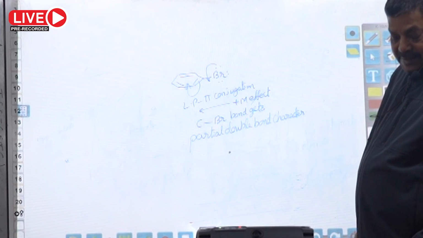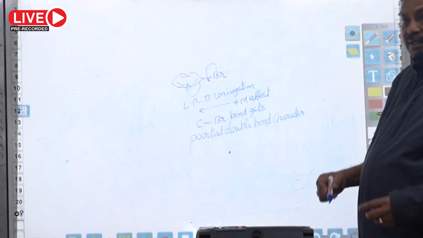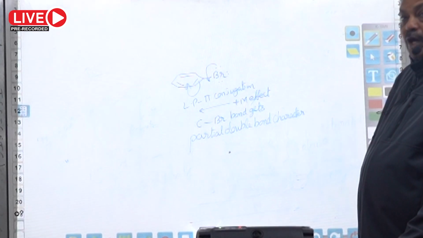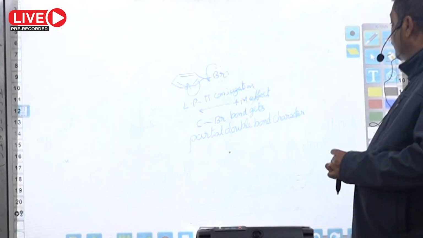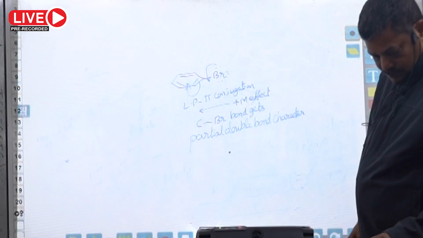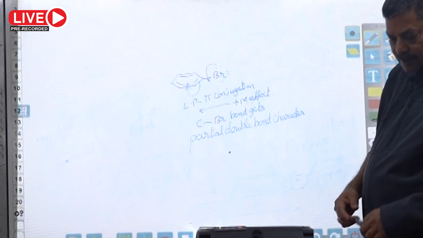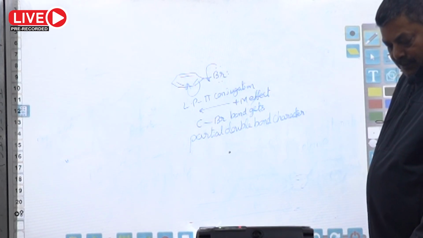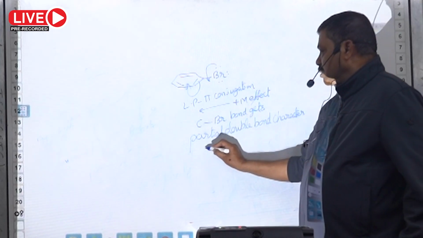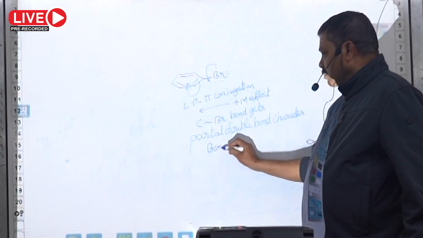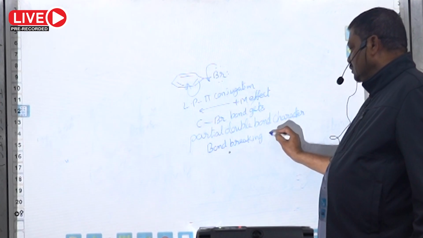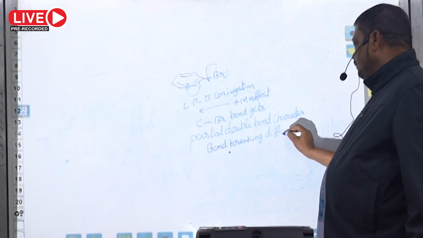So whenever somebody gets a double bond character, what is the problem? Bond breaking becomes difficult.